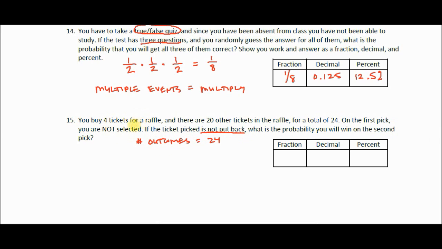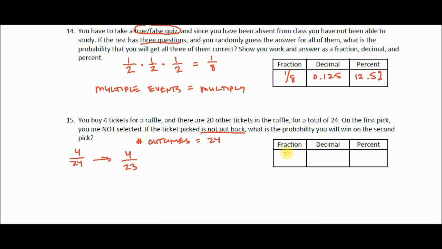Well, on the first pick class, we had a possible 4 things that would have made me happy over a total number of 24 things. And now, one of the other tickets was picked. So that means we still have 4 tickets in the bin or bag. But now there are only 23 tickets available.